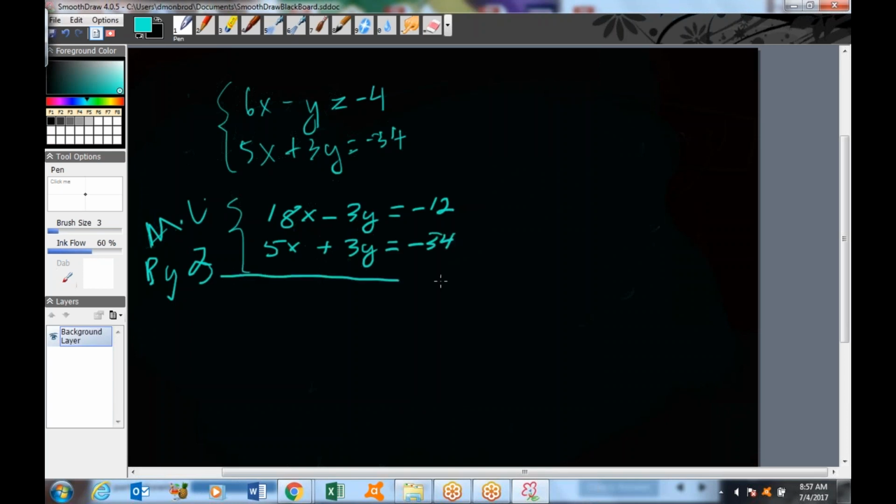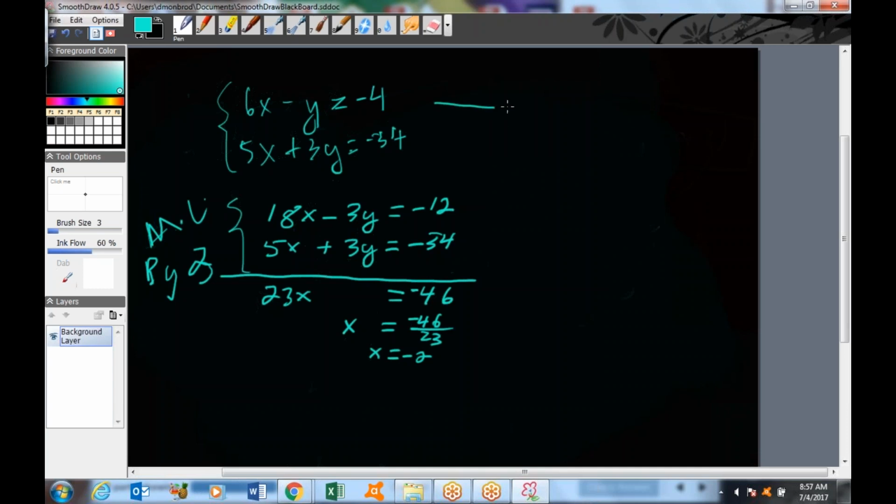So now when I go to add them, I'm going to get 23x. These will cancel and make a 0y. And this will make negative 46. Now I can easily solve that by dividing: negative 46 over 23. You get a nice number, negative 2.